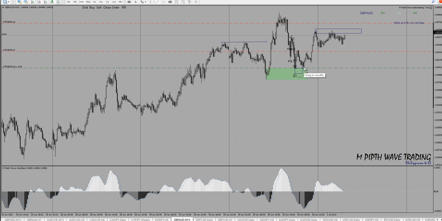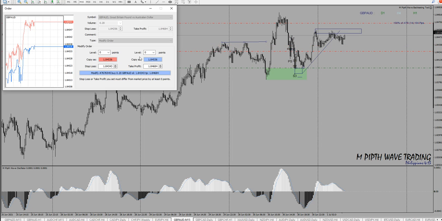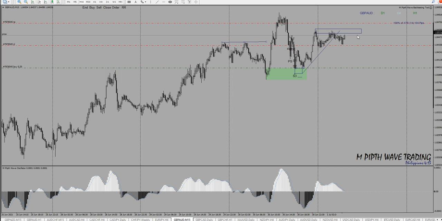You can see we have a trend line here, price break, confirming this supply and this supply as well, but it was already tested. So probably we could find some reaction here, so we can move our stop loss here. If ever it drops down, at least we are secure with $50 profit.